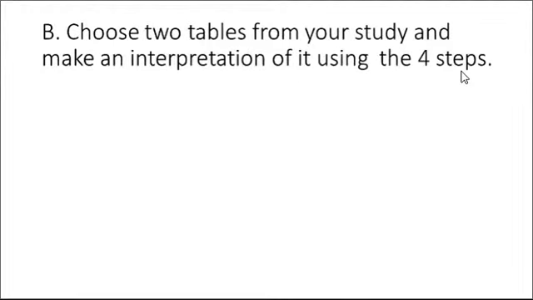So dun sa inyong mga present na study, you choose 2 tables from your study. O pipili kayo ng 2 table doon, then make an interpretation of it using the 4 steps. Okay? So kailangan i-apply nyo yung 4 steps ng pag-interpret ng data. Okay, so that's it for today.